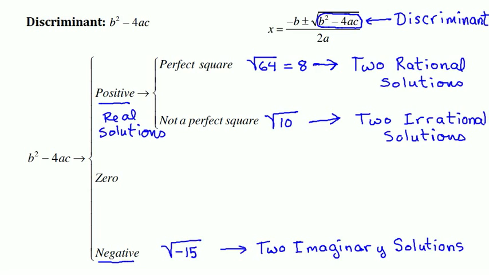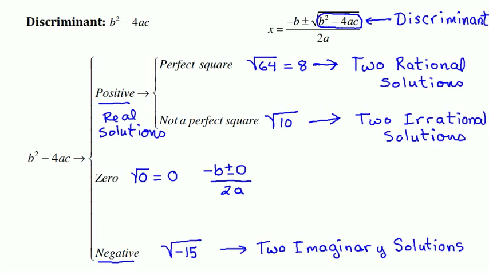The only case left is where the discriminant is equal to 0, which means that we end up with the square root of 0, which does come out of the square root and give us a 0. So we're going to have rational solutions because we are able to get rid of the square root. However, what we need to consider now is what happens with that plus or minus. The way this 0 shows up in the formula looks like this. It's going to be minus b plus or minus 0 over 2a.